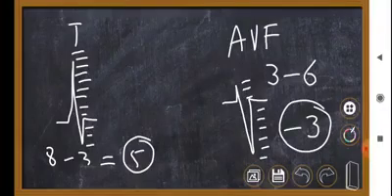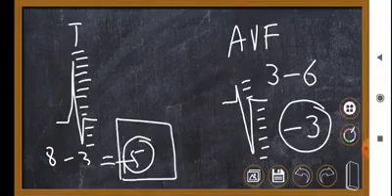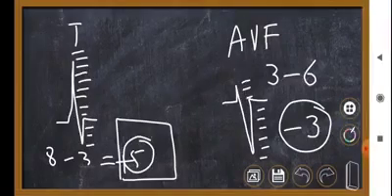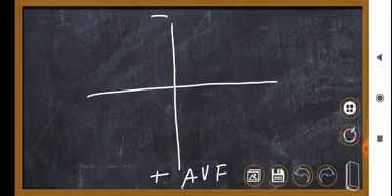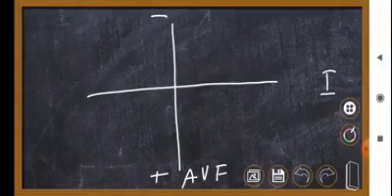Now we are going to put these values, plus 5 and minus 3, on our graph. Again vertically AVF, which is positive here and negative here. This is AVF, and horizontally lead 1, which is positive here and negative here.